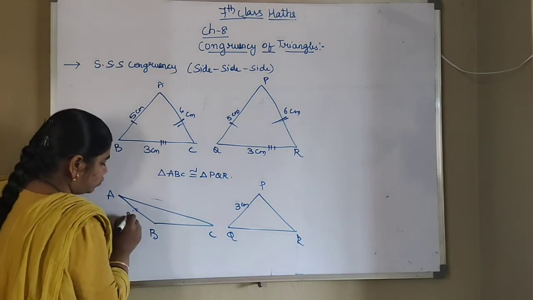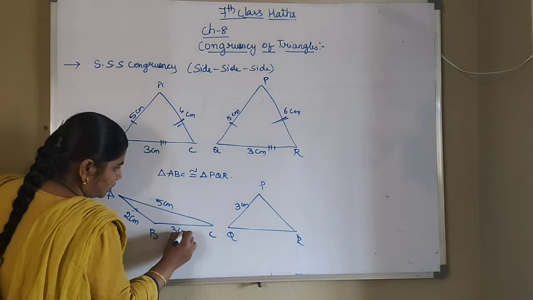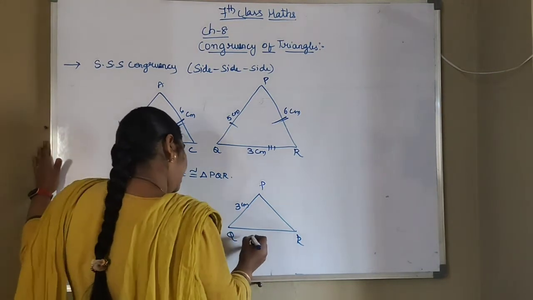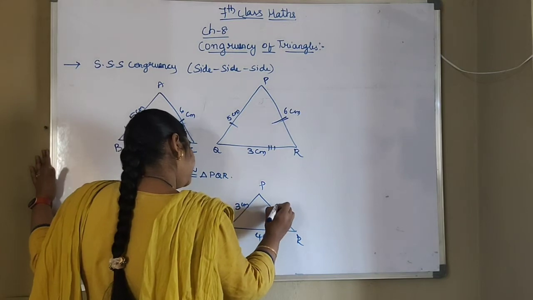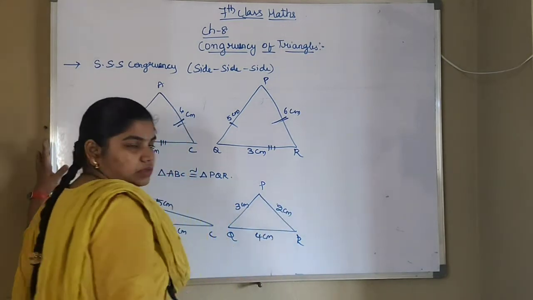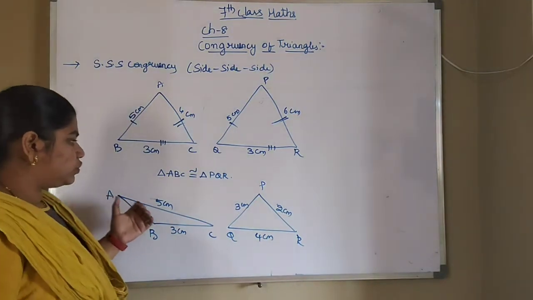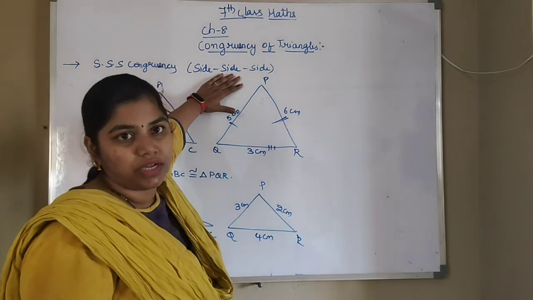Here take it as 2 centimeters, here 5 centimeters, here 3 centimeters, and here I am taking it as 4 centimeters, here I am taking it as 2 centimeters. Okay, can we say these 2 triangles are congruent to each other by using this SSS congruency?